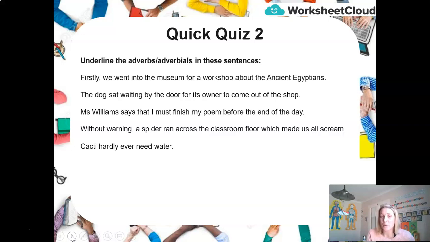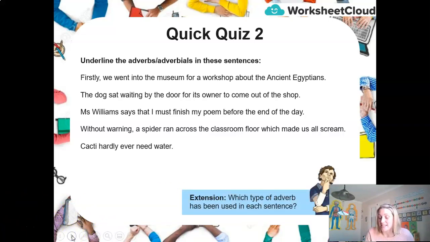Without warning, a spider ran across the classroom floor, which made us all scream. And cacti hardly ever need water. Okay, pause the video and see if you are able to identify the adverbs or adverbials in those sentences. And then for those keen beans as an extension, are you able to identify which type of adverb has been used in each sentence?